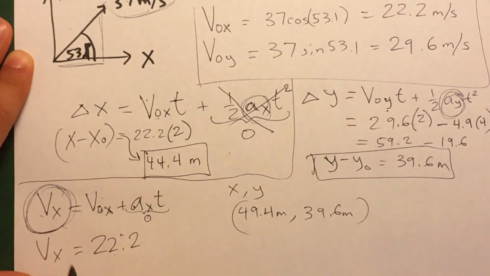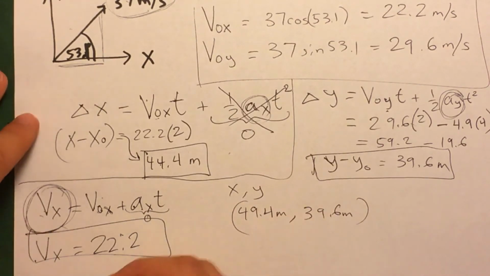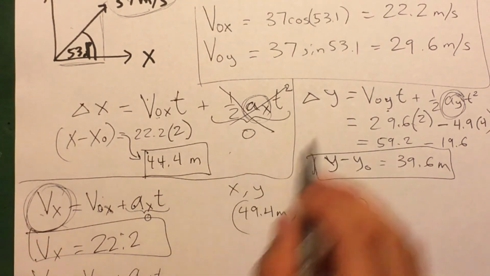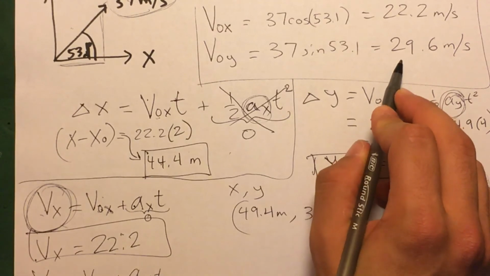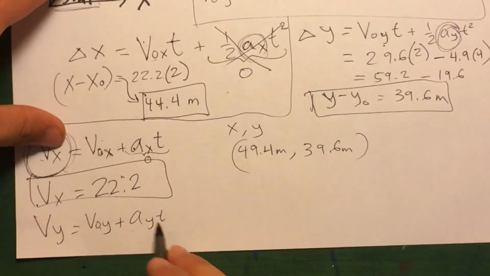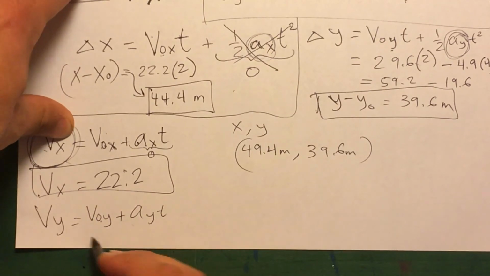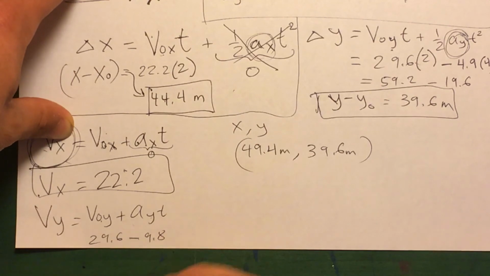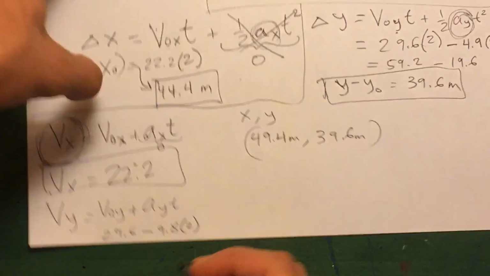Now when we want to find the y component of velocity at 2 seconds, it's the same thing: vy is equal to v naught y plus a y t. V naught y we said is 29.6, and then minus 9.8 times 2.